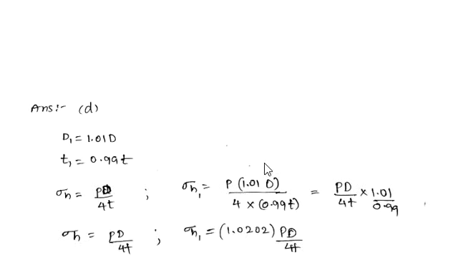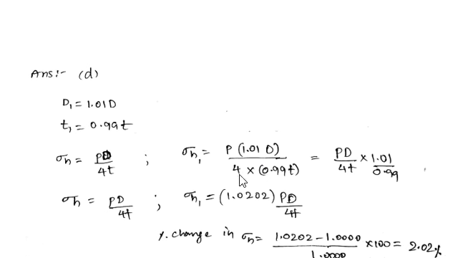So here the circumferential or hoop stress for the spherical shell case is given by the formula PD by 4T. Suppose we take PD by 4T as the initial case, and in the second case, P, and in place of D we have to substitute the increased value, that is 1.01 times D, and in place of T the reduced value, that is 0.99 T. So when you simplify this, you write PD by 4T and it is 1.01 by 0.99.